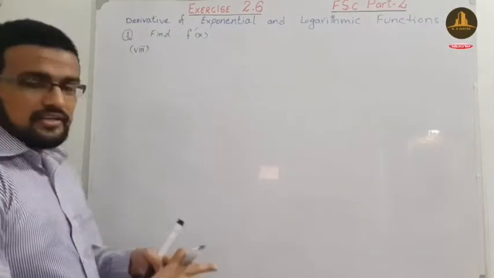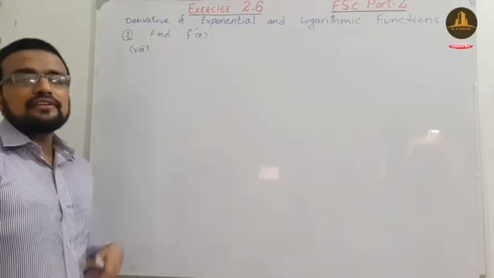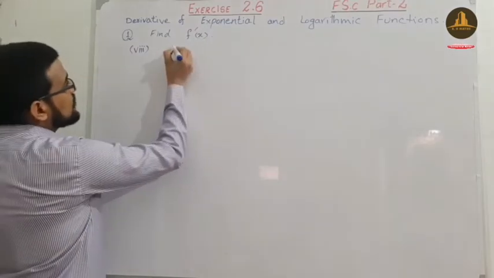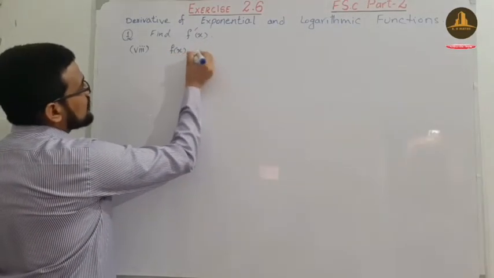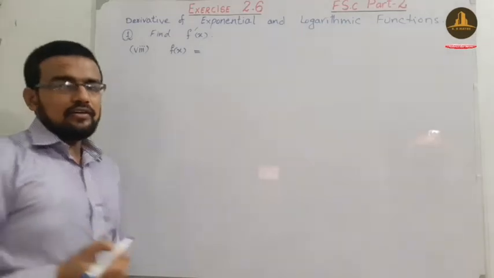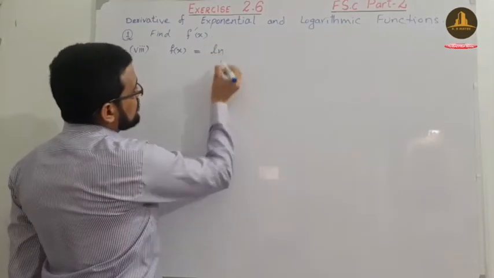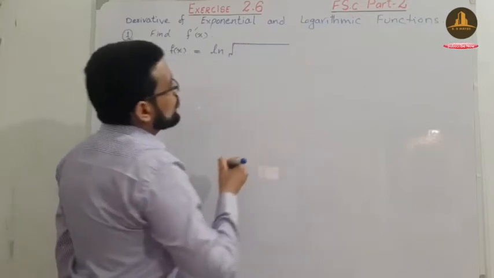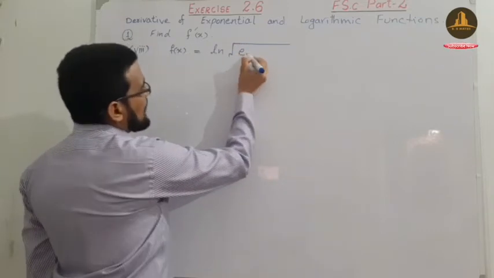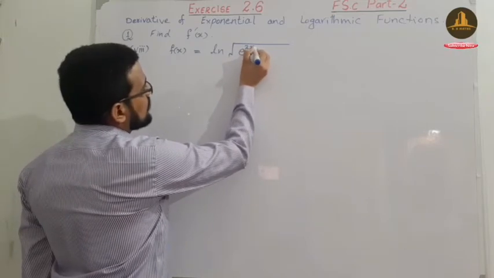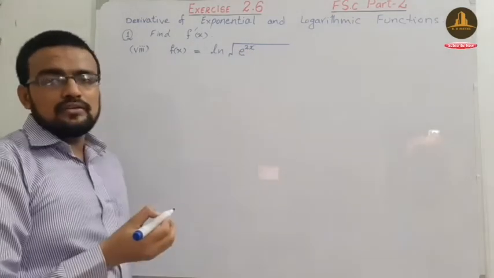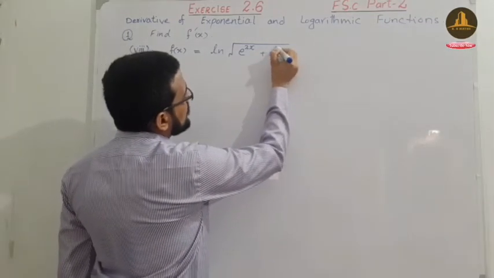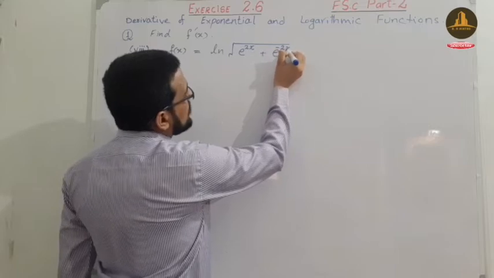So check it. Find the derivative f prime. The 8th part: the function is given, f of x is ln, natural logarithm, of square root of the exponential function e raised to power 2x plus e raised to power minus 2x.